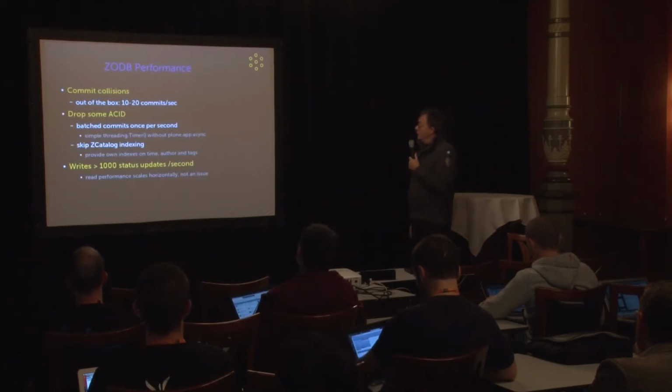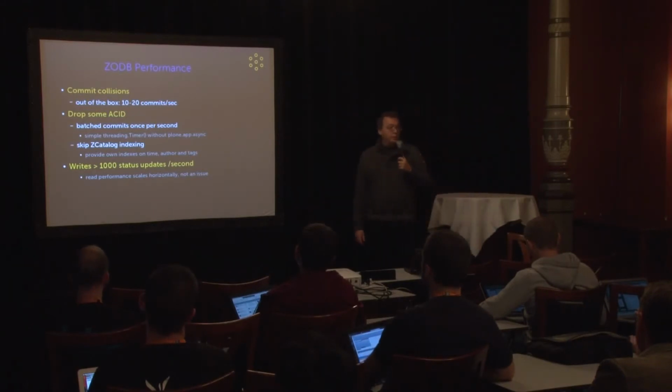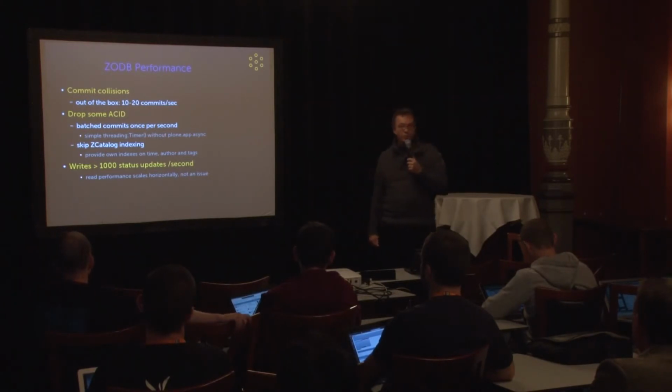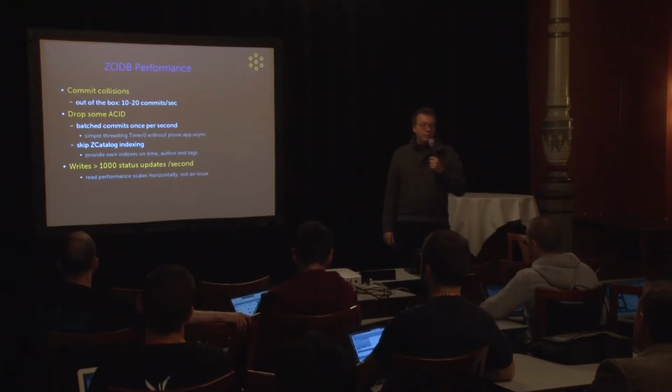Performance. If you do this like I did in the ZODB without any extra components, then you will hit a ZODB commit ceiling where you will run into commit collisions at 10 or 20 commits per second. So that's nice for a very small site, but as soon as you go above a very small site, that will not perform. So we worked on that, and I need to thank Moritz for helping me with that on the Sorrento sprint.